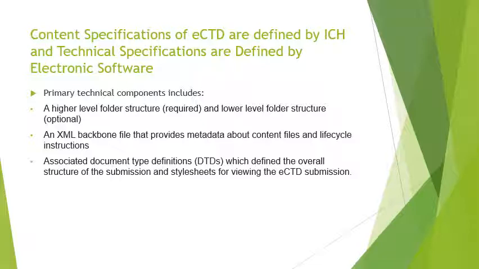Then it will have document type definitions, which is DTDs, which defines the overall structure of the submission, and style sheets, which are used for viewing the ECTD submission. Style sheet is required by the regulatory bodies so that they can view the ECTD and review it.